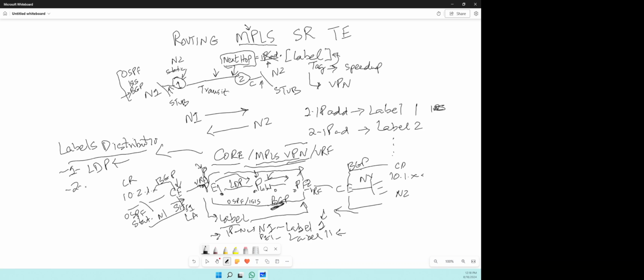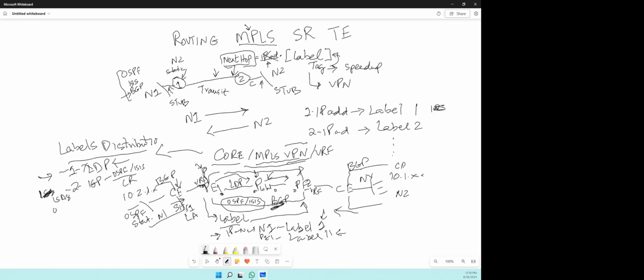The other way is you use an IGP that supports label distribution, like OSPF or ISIS. So you don't want to use LDP, because you're already using OSPF/ISIS to route or advertise your loopbacks. So why not use the same one to distribute the labels? So get rid of LDP, use this guy. And I think the LSA for that is LSA 8 or something. So they use one of the LSAs to distribute the labels.